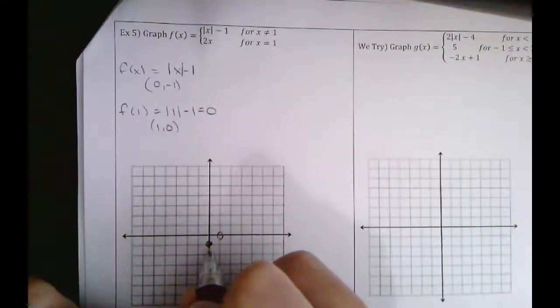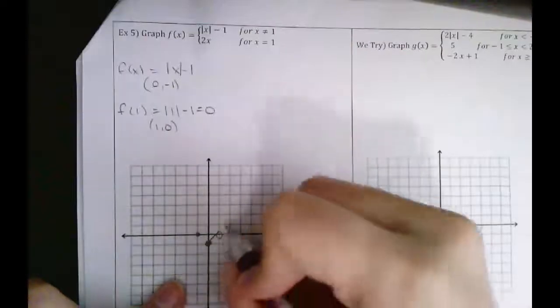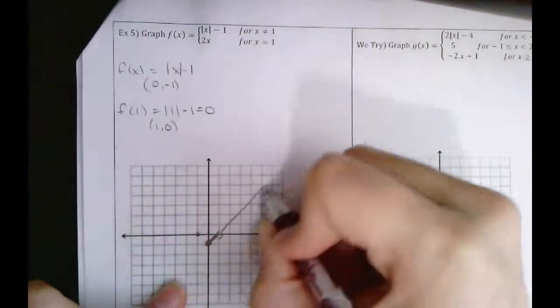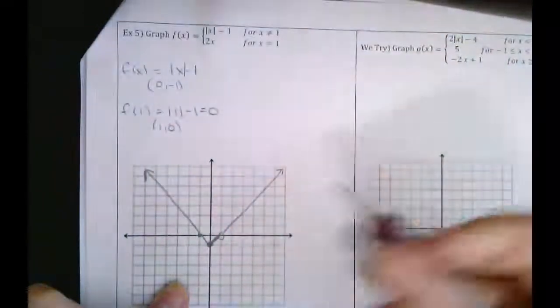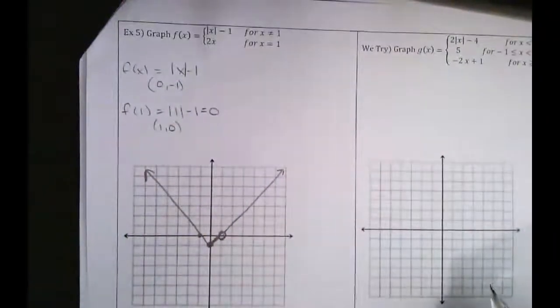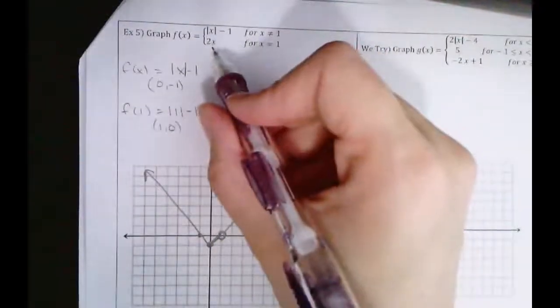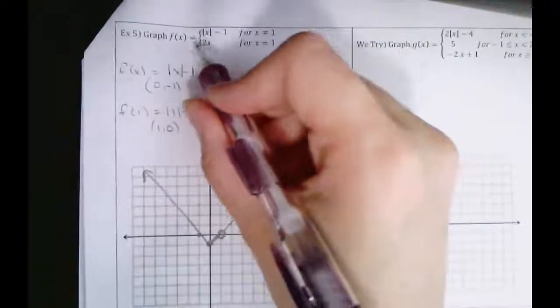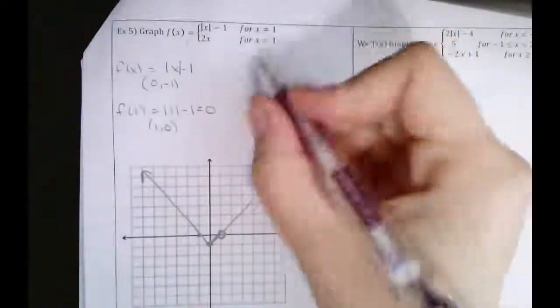We would also have a point at up 1 over 1 over here. And so our absolute value function would look like this. So it's going to keep going in both directions. It's just that we have this hole here. We're going to see if this function fills in the hole or if it's just a point somewhere else.